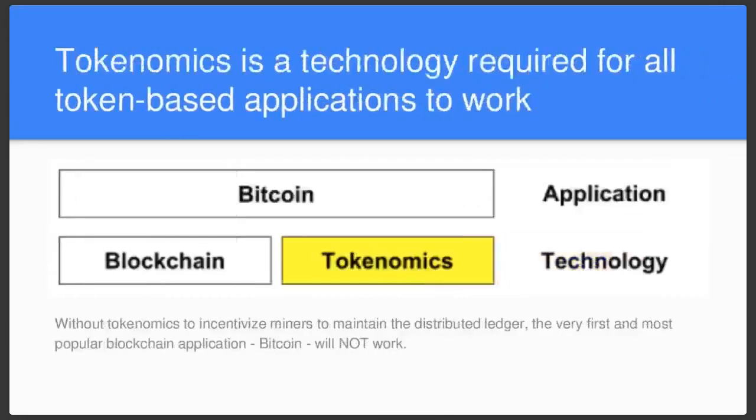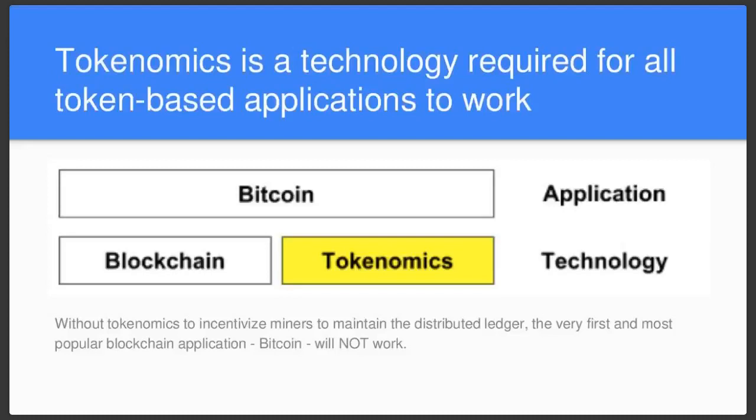As everybody knows, technologies do not make the impact. The applications using the technologies actually make the impact. People may not notice that for any application, especially token-based applications, to work, you also require another piece of technology, and I define it as tokenomics.